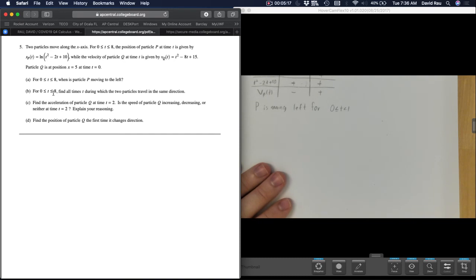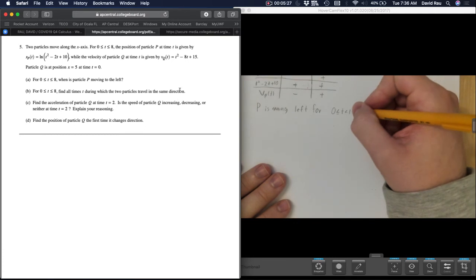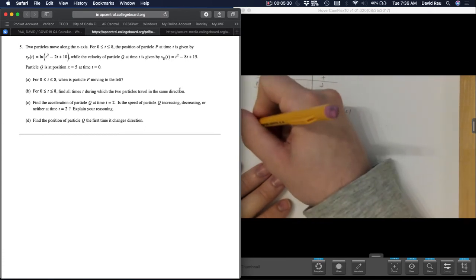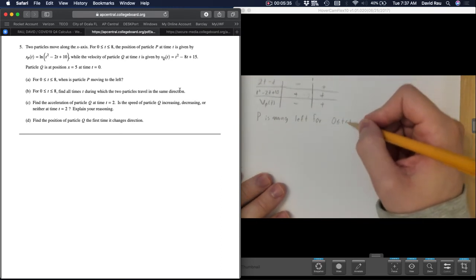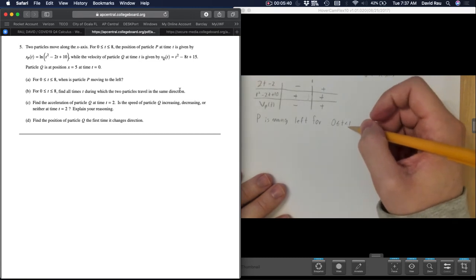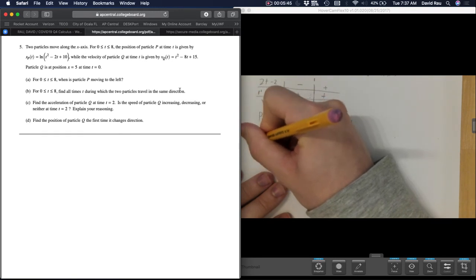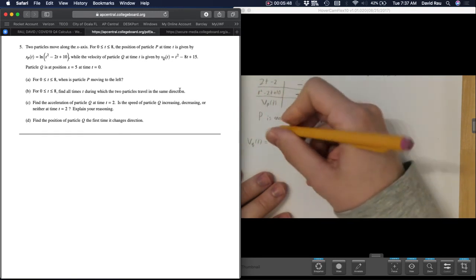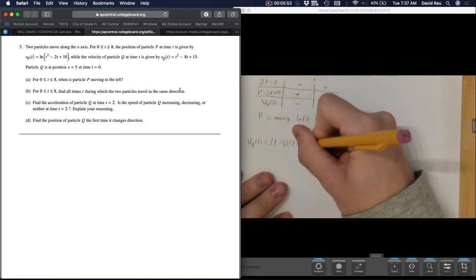Up next, for time 0 to 8, find when the two particles are traveling in the same direction. Okay, so we know for part A when particle P is moving left or right all the time. Now we need to know when particle Q is moving left or right all the time. So for particle Q, VQ of t looks like it factors this time to t minus 3, t minus 5.